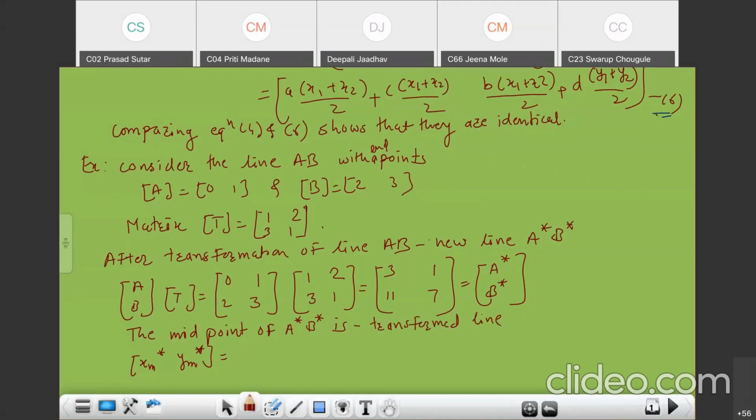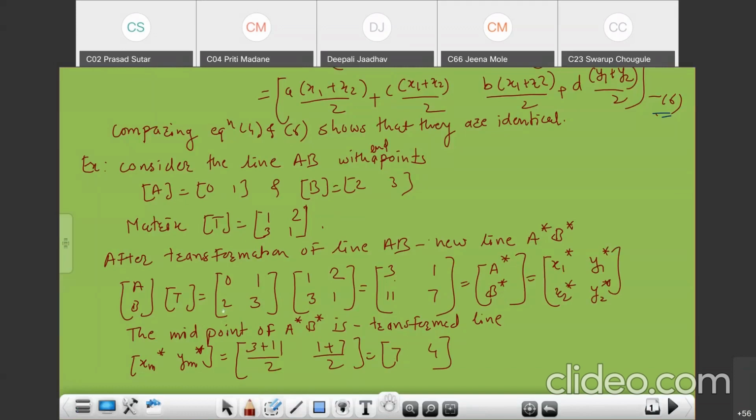What is the equation? (x1 star plus x2 star) divided by 2 and (y1 star plus y2 star) divided by 2. So x1 star, y1 star and x2 star, y2 star. Put these values here: (3 plus 11) divided by 2 and (1 plus 7) divided by 2. So we will get the value 7 and 4. These are the midpoints of the transformed line, correct?